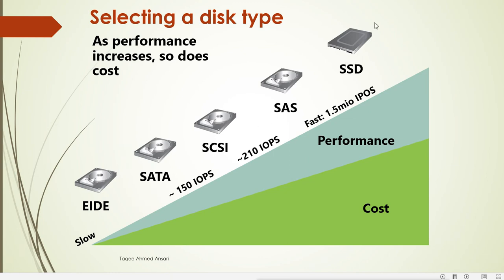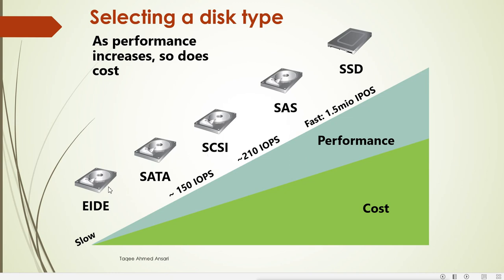So basically the fastest disk available is SSD, but it is the most expensive disk among all the other disks. If you use SSD, it is the fastest, so you can use it in your machine. It gives you good performance, but again it is an expensive disk, especially when you compare it to SATA.